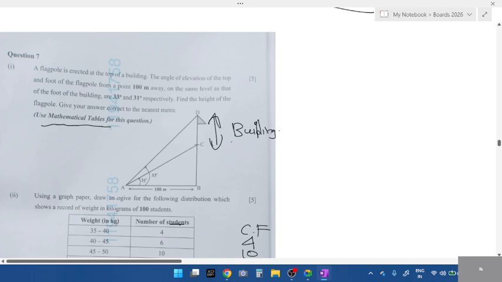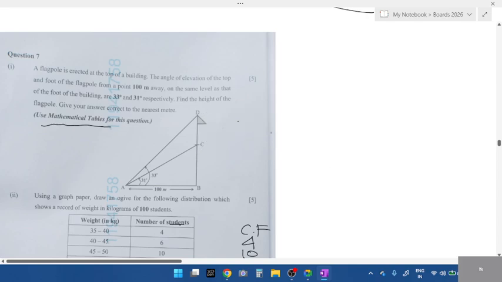If this is the building, how is it possible? Then is this the ground? You told BC as the building. Okay, you told CB.